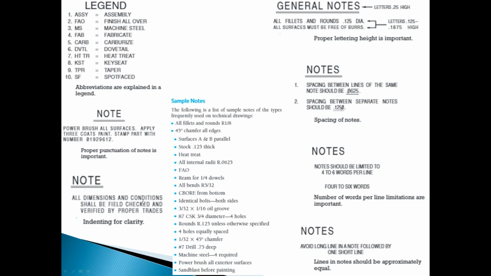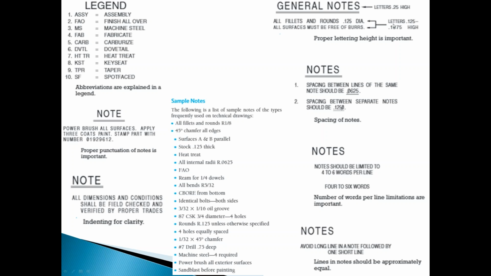You're going to say, hey, all dimensions and conditions shall be field checked and verified by the proper trade or the contractor. The size of the general note lettering should be 0.25 inches high, and all fillets and rounds should be about 0.12 diameter.